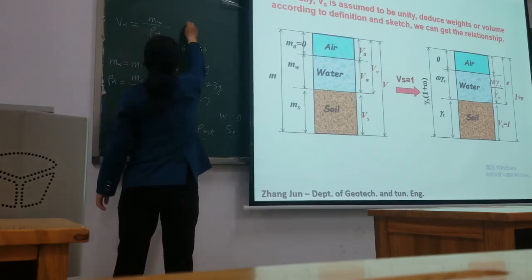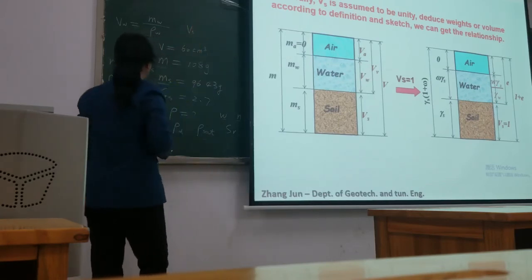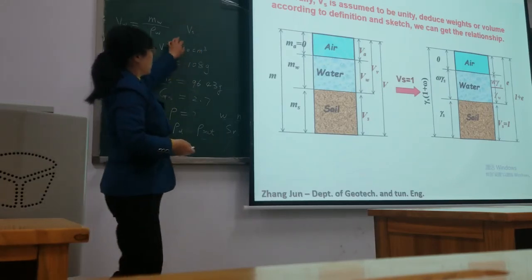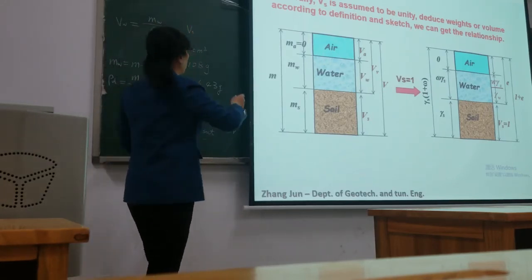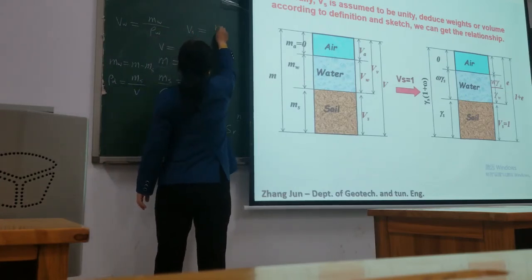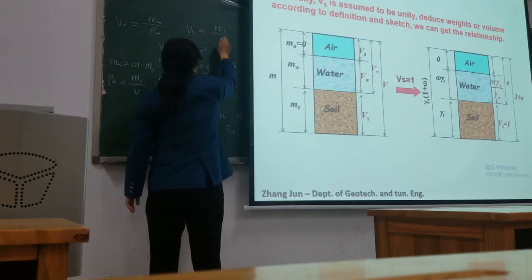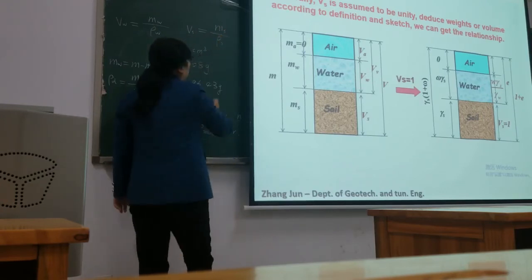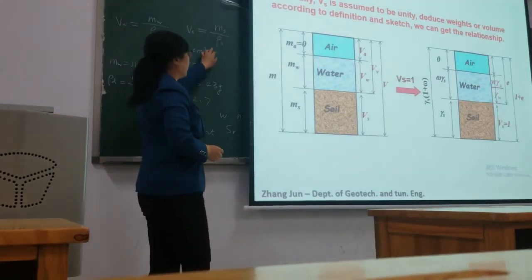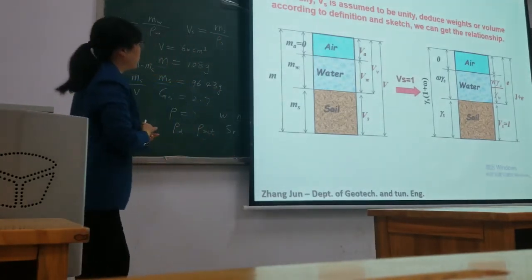And Vs, how to determine the Vs? We use the Ms divided by the density of soil particle.